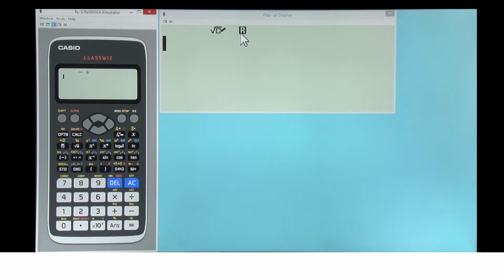Now the ClassWiz assumes that angles are measured in radians. So if we put in an angle like the sine of pi over 2, pi is down the bottom of the screen, and 2, oops, move out of the bracket, out of the fraction.